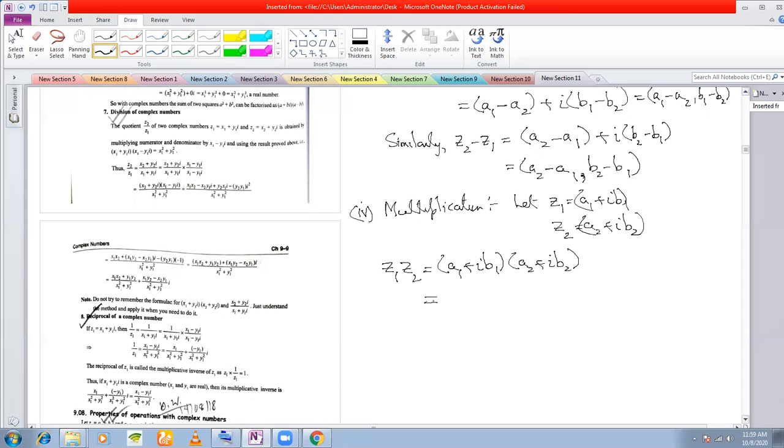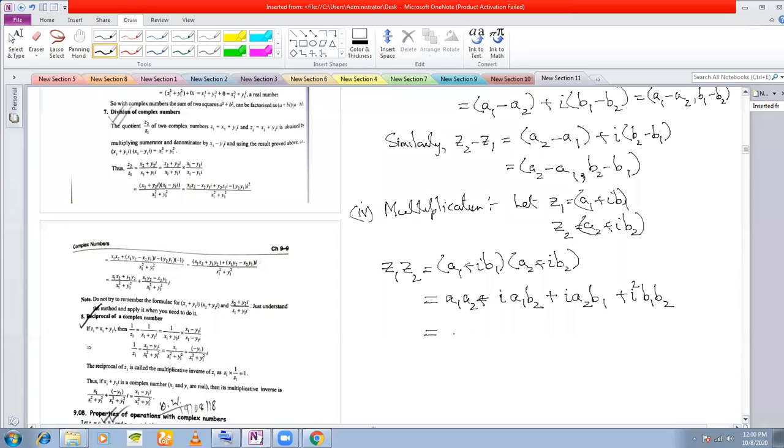Now you multiply as your normal multiplication is. You first multiply a1 with a2, then you multiply a1 with ib2 to get i a1 b2, and the next one is i a2 b1 plus i square b1 b2.